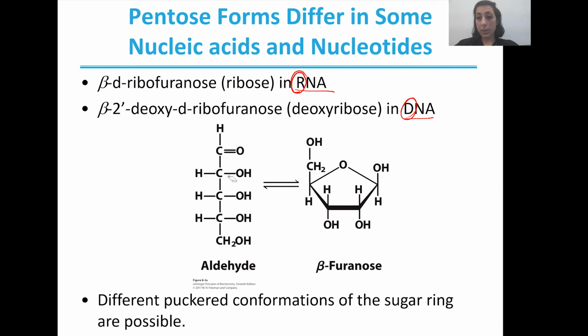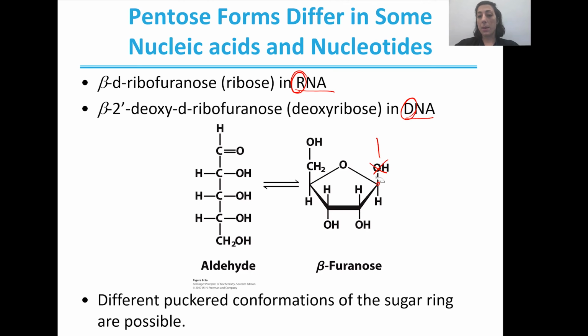Now, the sugar itself, the pentose sugar base, also has a formation depending on where this glycosidic bond is pointing. In a nucleotide formation, our nucleotide makes a bond here on the glycosidic carbon.